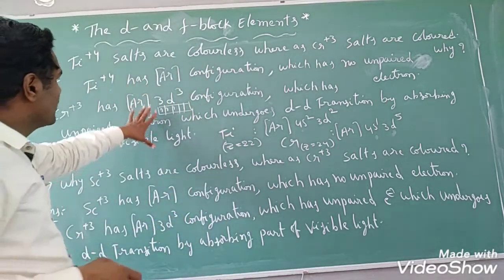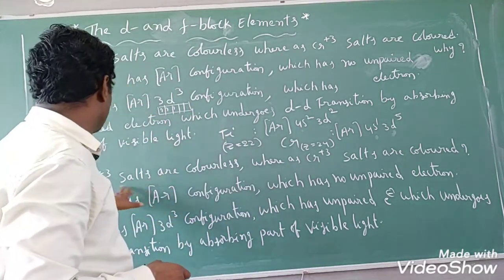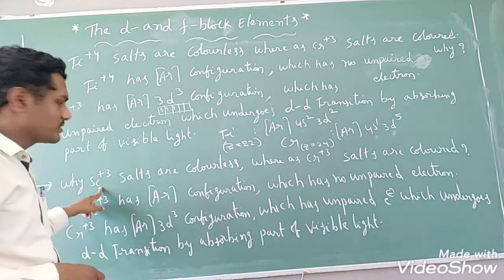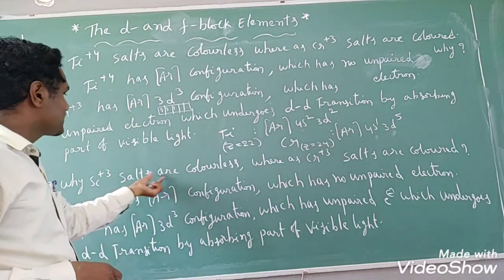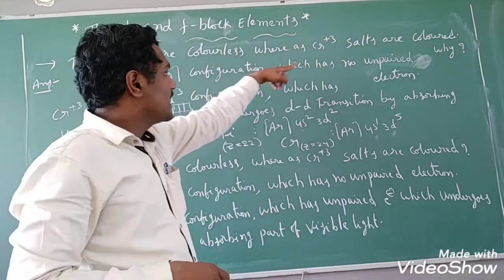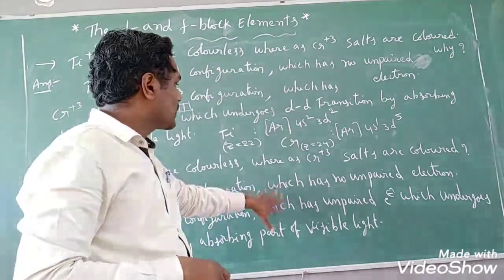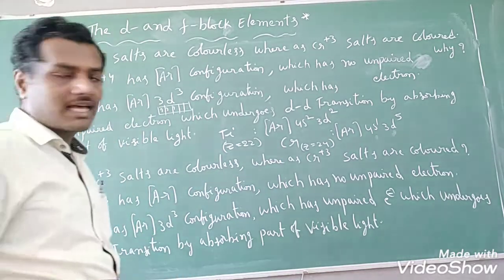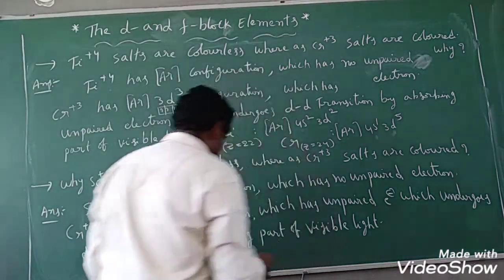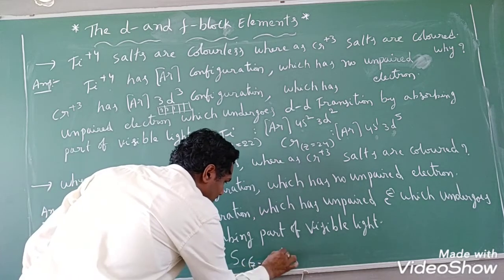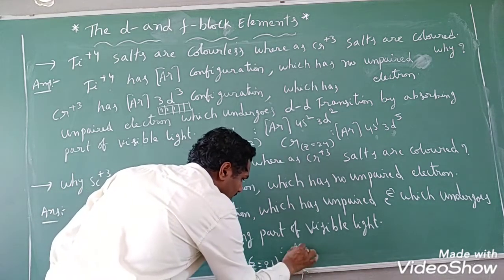The same type of question I have given to you here. In place of titanium +4, I have given Sc+3. See why Sc+3 salts are colorless, whereas Cr+3 salts are colored. Why Cr+3 salts are colored, already we have discussed. Now you see that Sc+3 salts are colorless. Sc is scandium. The atomic number is 21. What is the electronic configuration of scandium?